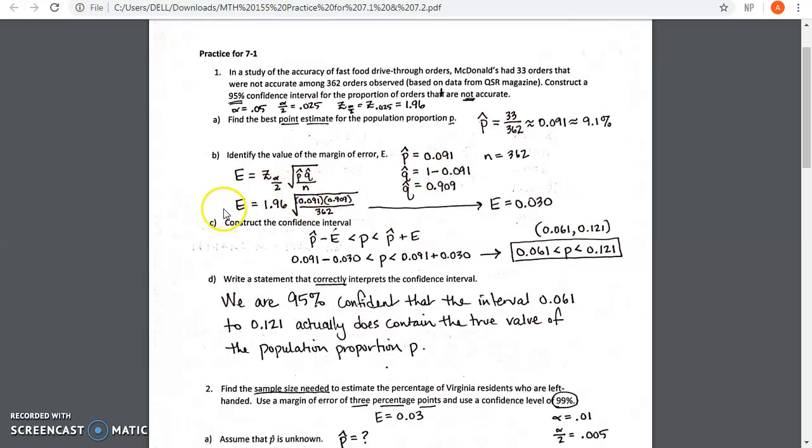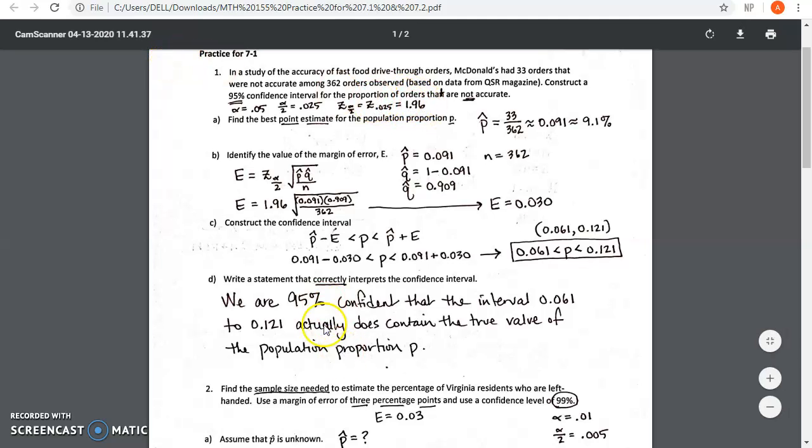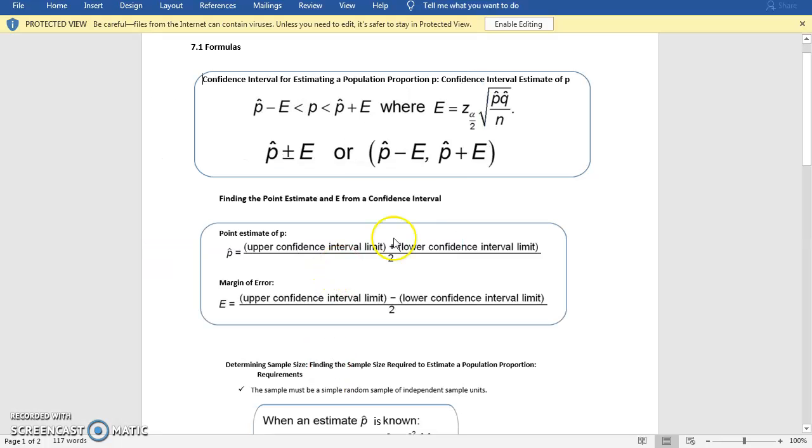Okay, let's keep going. In order to calculate the margin of error, we need to figure out this Z sub alpha over 2, which we already have. If you're wondering where this formula came from, look on the formula sheet I've given you for this chapter section.